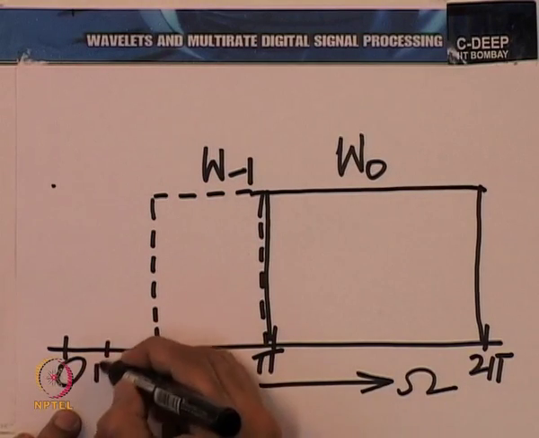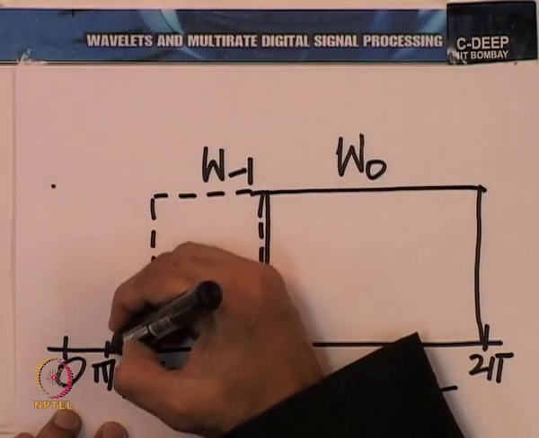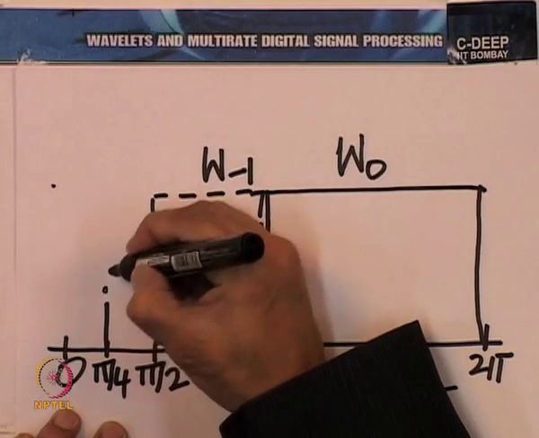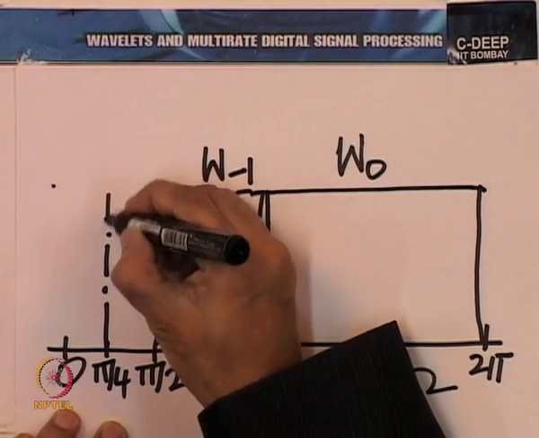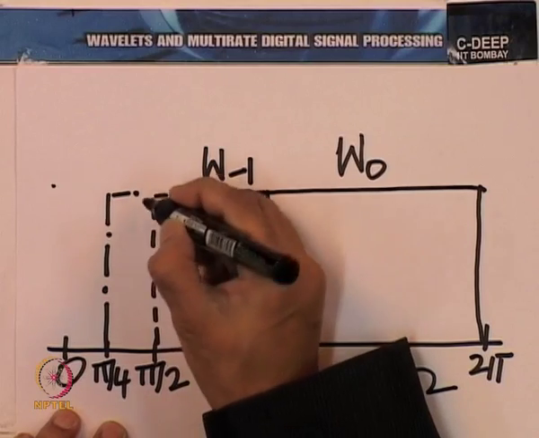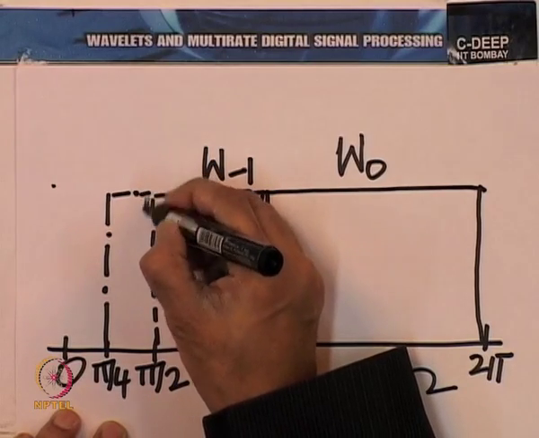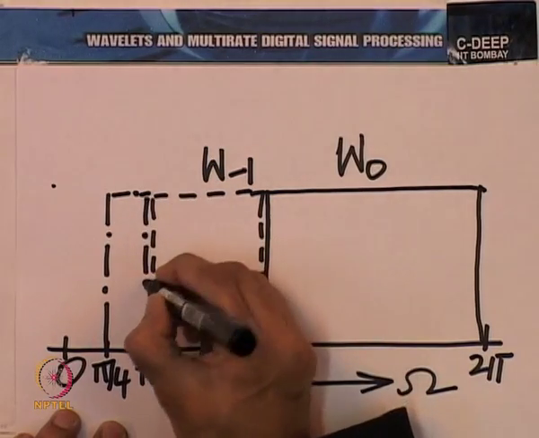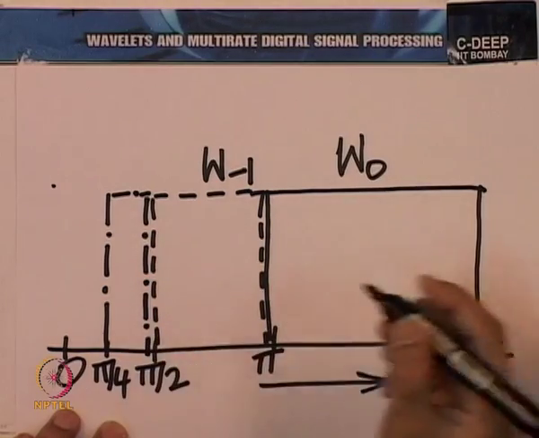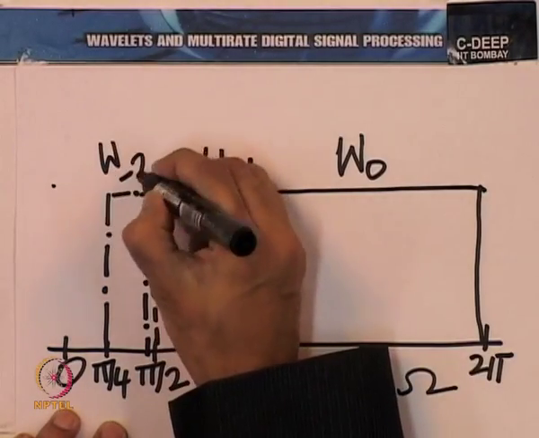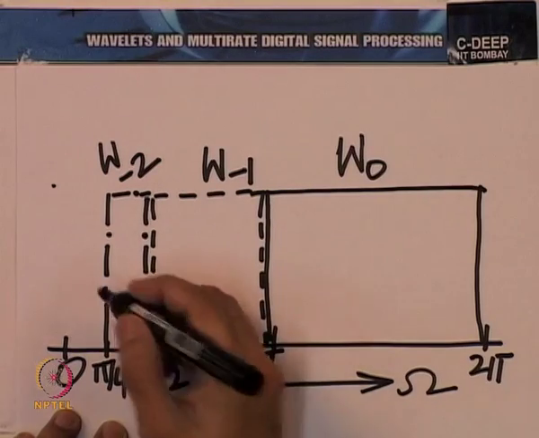W minus 2 would be here between pi by 4 and pi by 2. And so on.